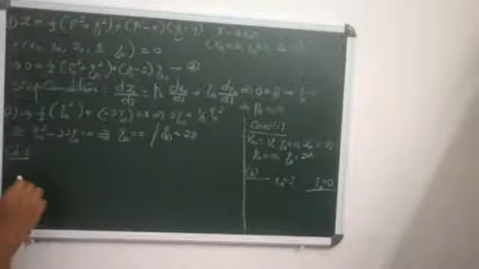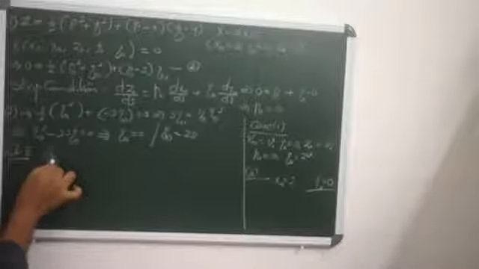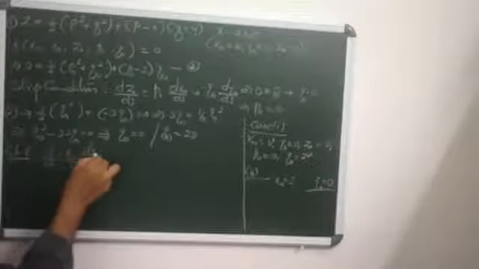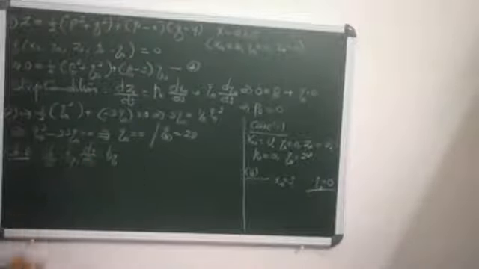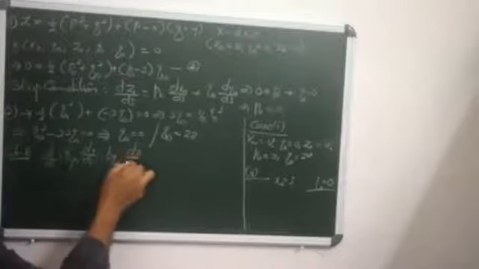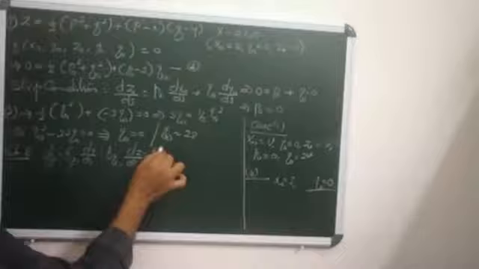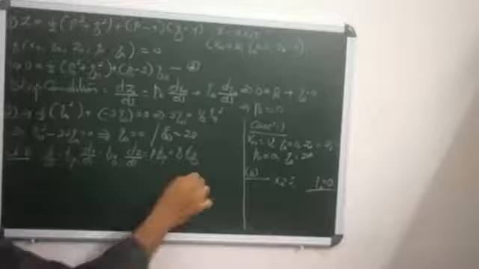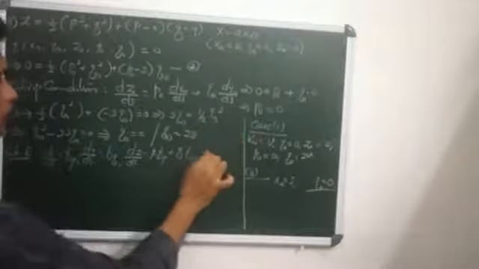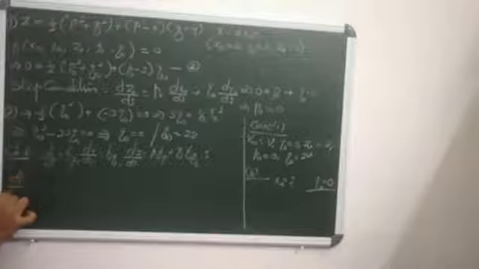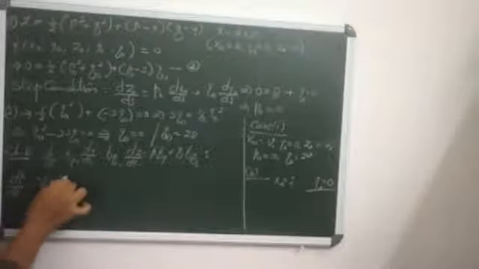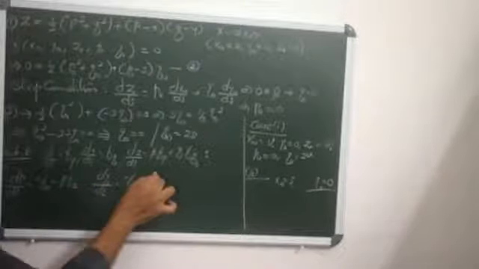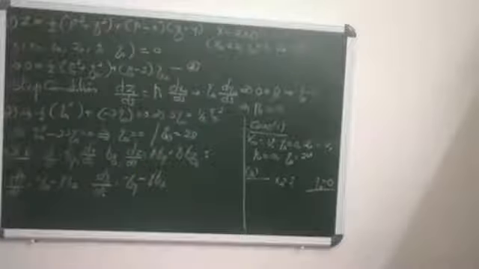We know that the characteristic equations are: dx by dt equals fp, dy by dt equals fq, dz by dt equals pfp plus qfq, dp by dt is minus fx minus p into fz, and dq by dt is minus fy minus q into fz. So consider these characteristic equations.